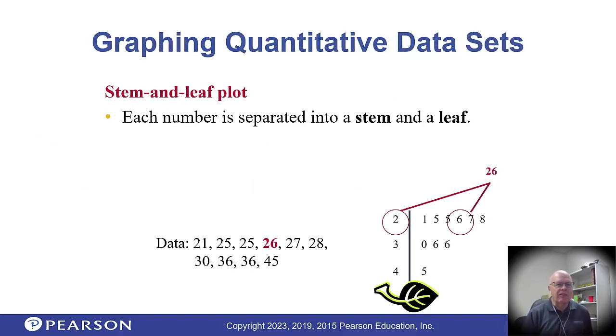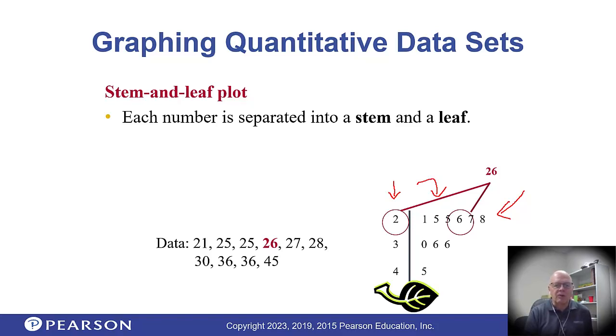Here's a stem and leaf plot. Now, just for your information, of course, this is the stem and those are the leaves. Typically, the leaves represent the last digit in your piece of data.